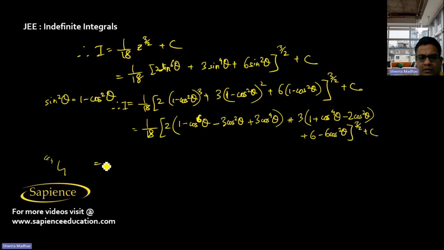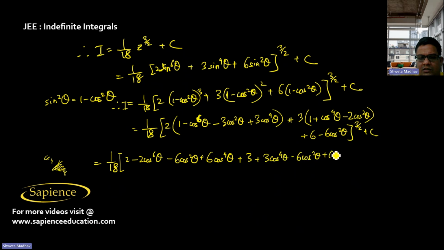So this will be 1 by 18 into 2 minus 2 cos power 6 theta minus 6 cos square theta plus 6 cos power 4 theta plus 3 cos power 4 theta minus 6 cos square theta plus 6 minus 6 cos square theta whole power 3 by 2 plus c.